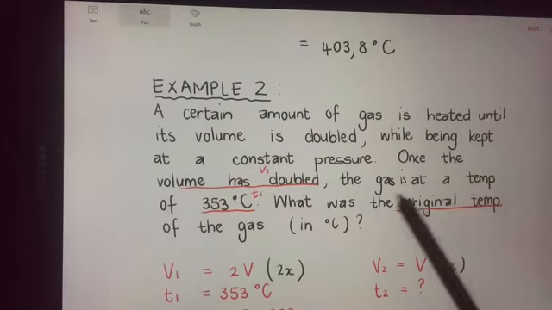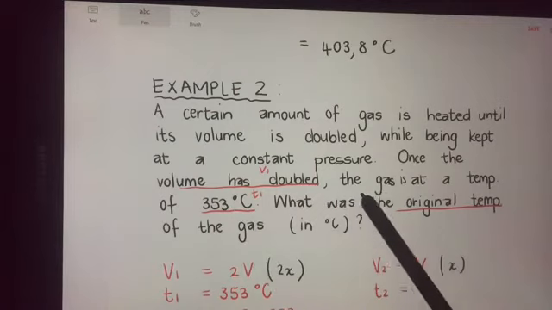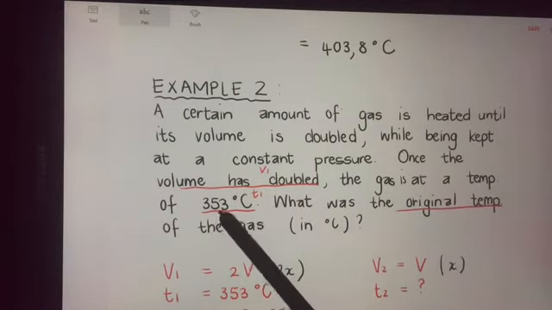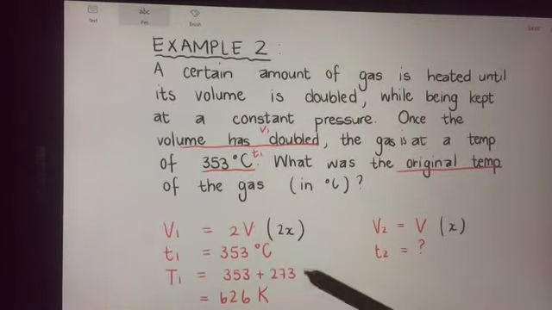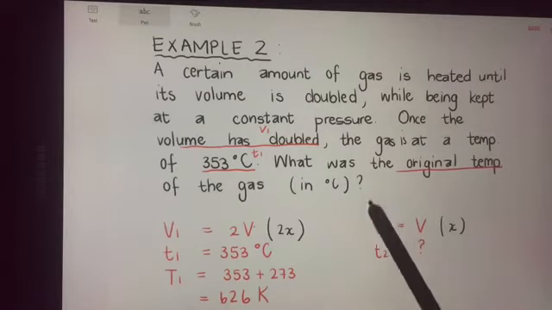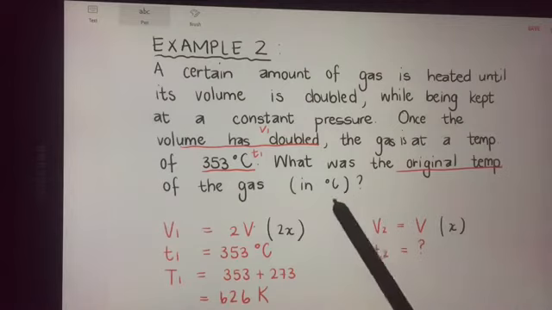Then they say, once the volume has doubled, the gas is at a temperature of 353. So the 353 goes with the 2V or the 2X. But once again, it must be in Kelvin. So I add 273, which gives me 626 Kelvin. Then they say, what was the original temperature?